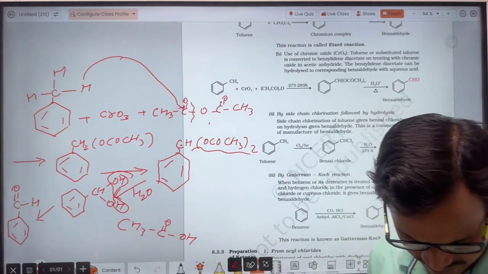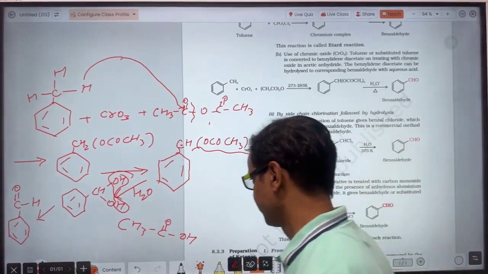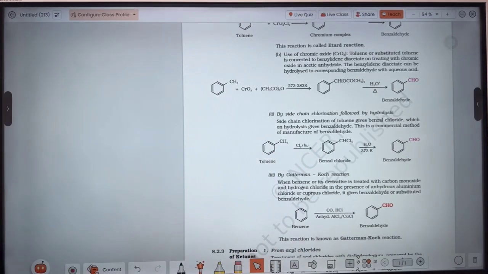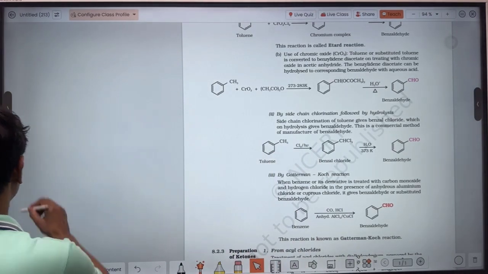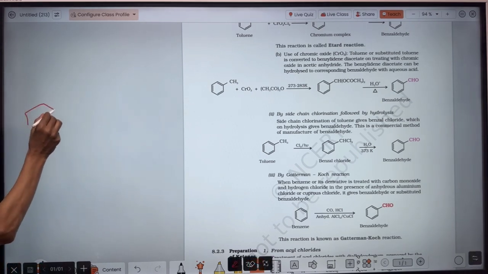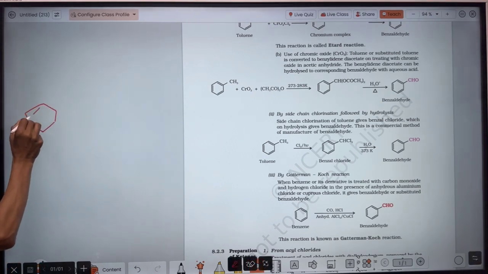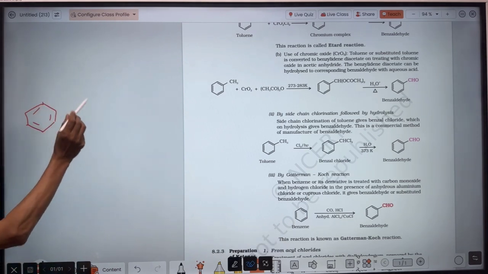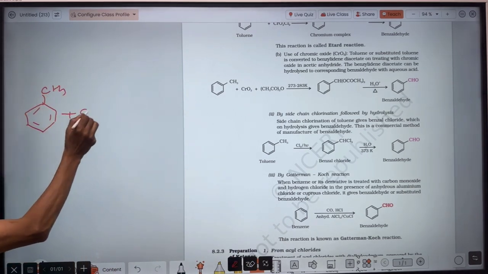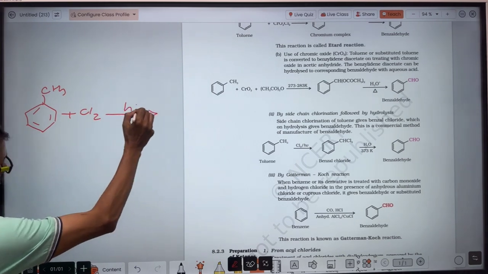Okay. Now let's see the other reactions. That is side chain chlorination followed by hydrolysis. Same here, toluene. This one, toluene here, reacts with chlorine in presence of light.